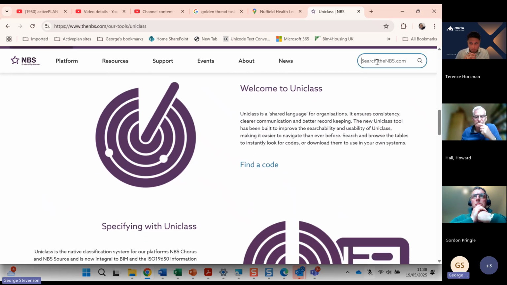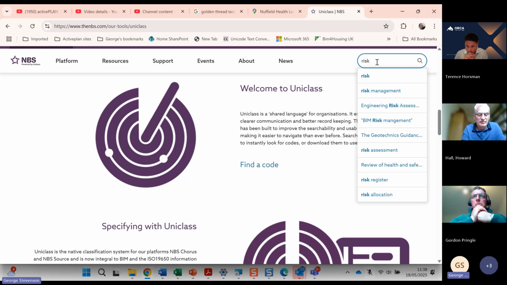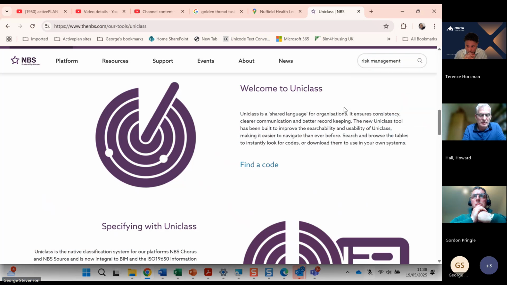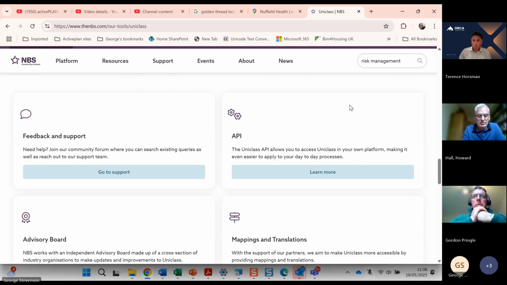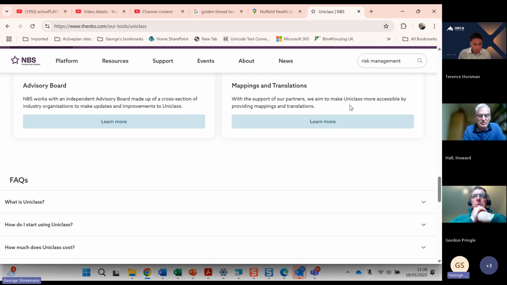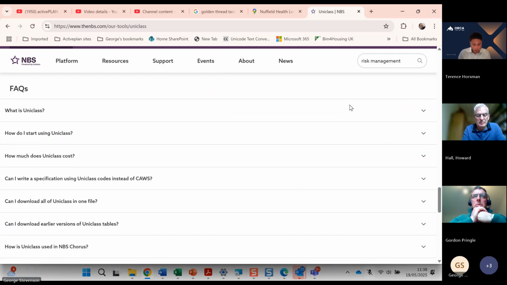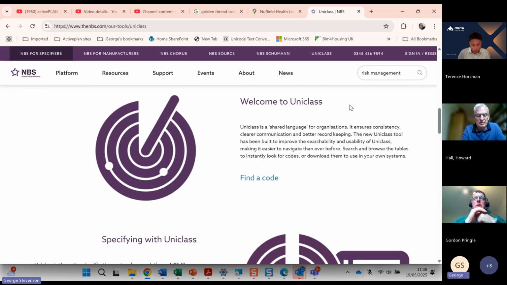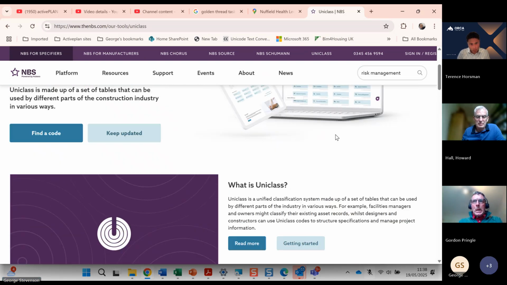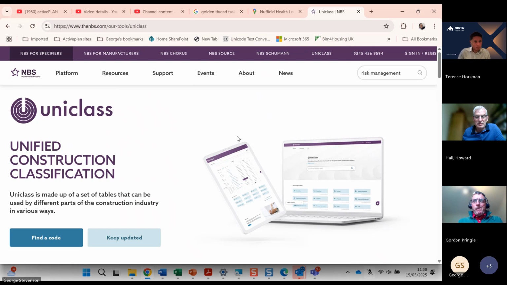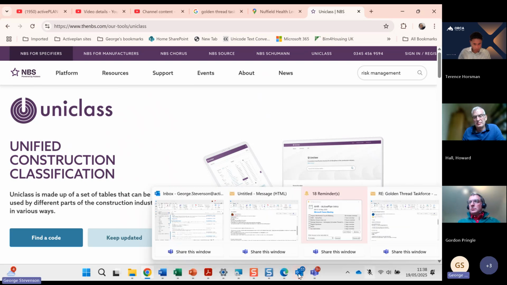I mean, you'd have thought you'd be able to search on risk, wouldn't you? Risk management. There's definitely a risk management table, which... Yeah, it's not giving me that information. But I'm happy to share that.